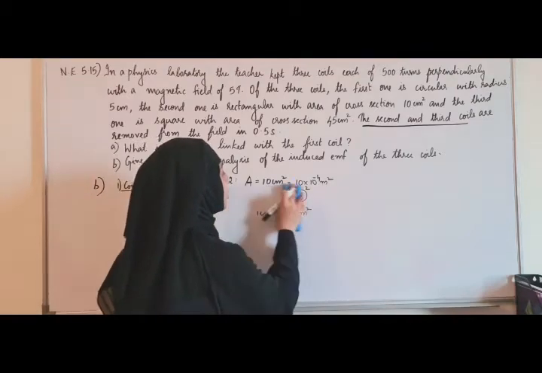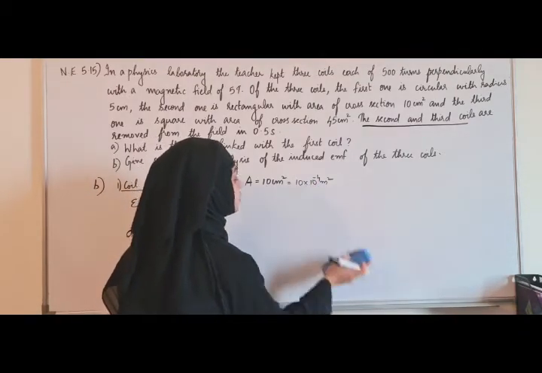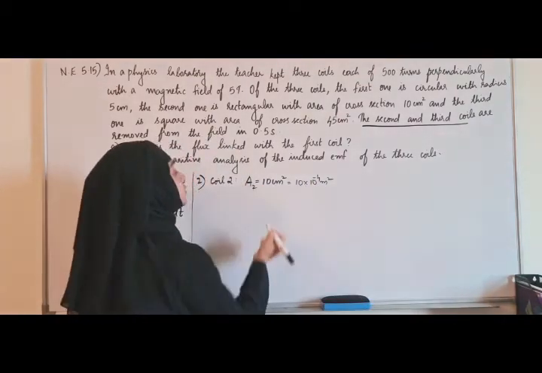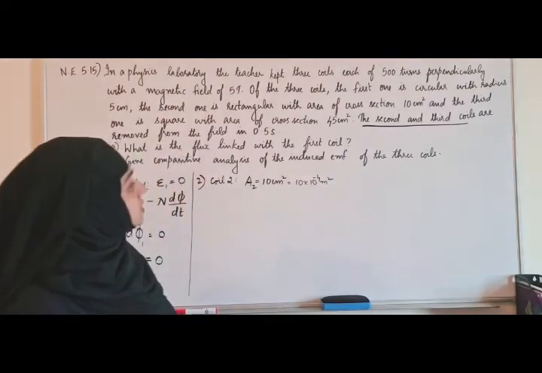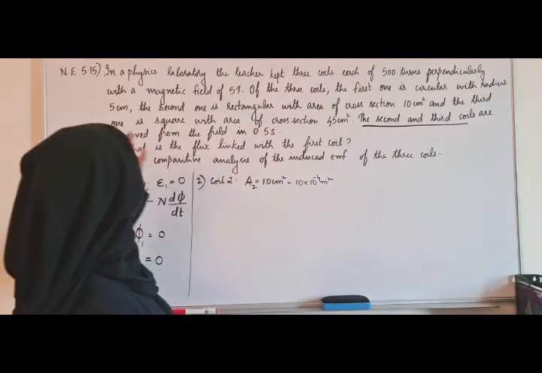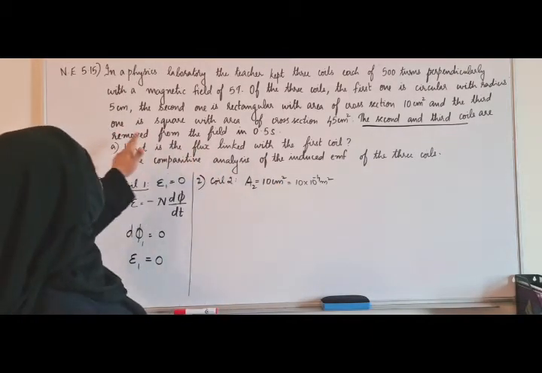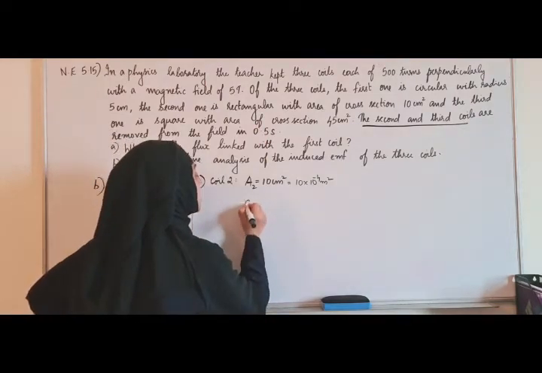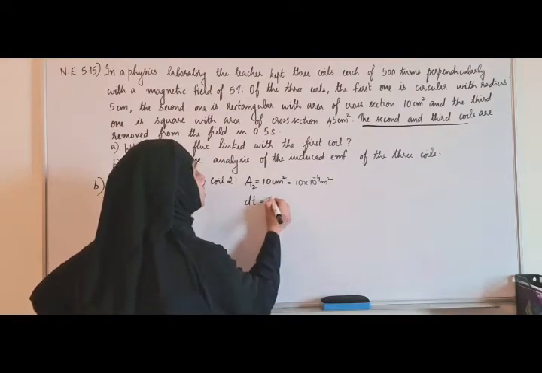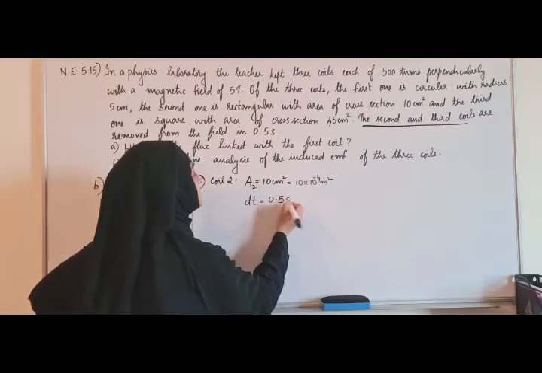So, the area of the second coil, which I would like to represent as A2, is equal to 10 times 10 raised to minus 4 meter square. And they are removed from the field in 0.5 seconds. So, the time change is equal to 0.5 seconds.